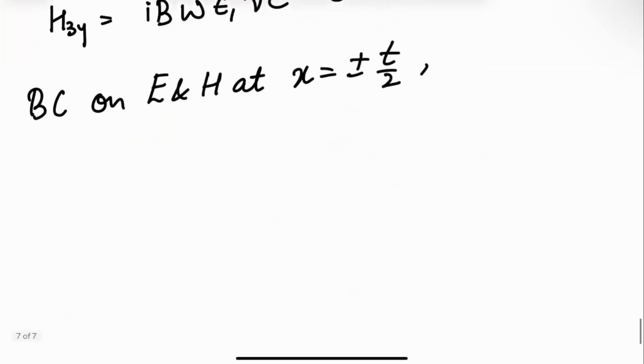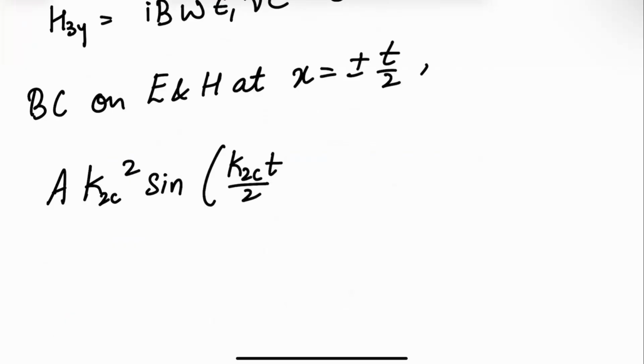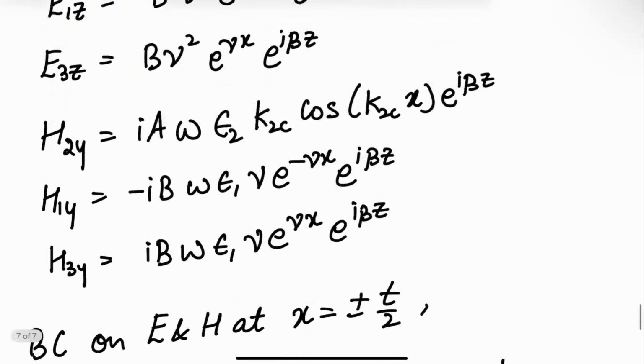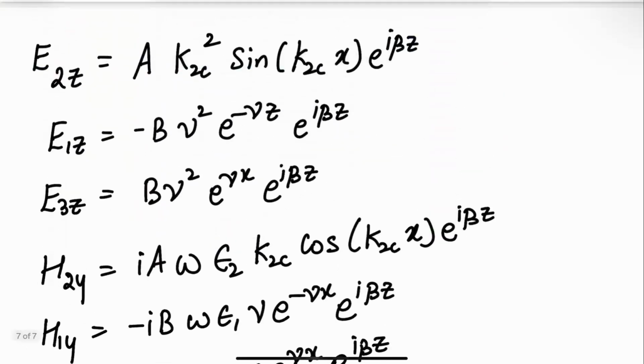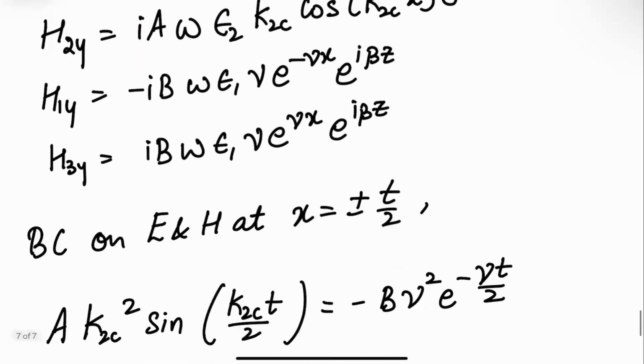So what does that give us? That gives us A k2c squared sine k2c t over 2 is equal to minus b nu squared e to the minus nu t over 2. Okay, so I've just equated these two. Of course, you can also equate these two and it would give you the same thing once you substitute x equal to minus t over 2.